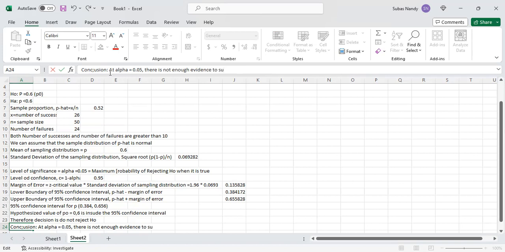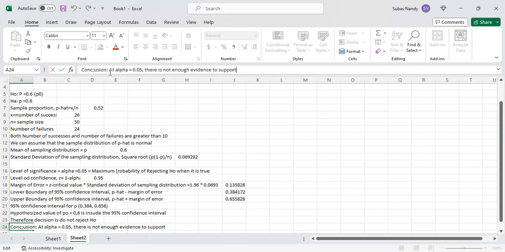So summarizing what I did, last time we did the hypothesis test by calculating the test statistic and then calculating the probability of getting a test statistic as extreme as what we have calculated or more extreme. And that p-value was greater than the level of significance. Here, on the other hand, the confidence level is the complement of the level of significance, 1 minus level of significance, which is 0.95.